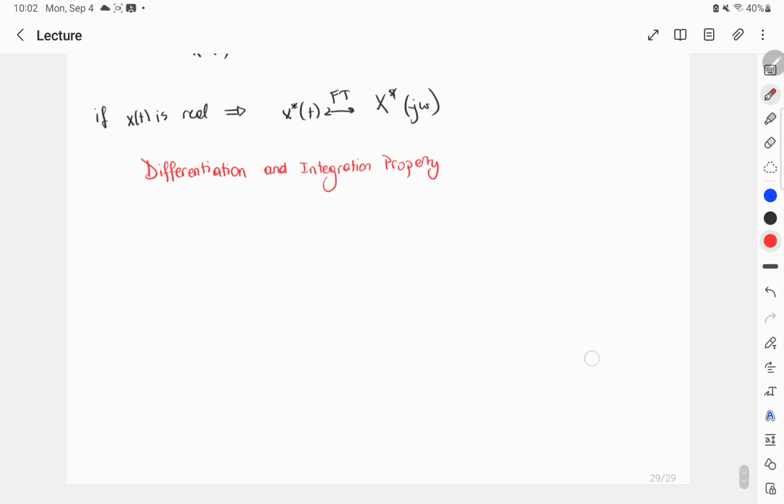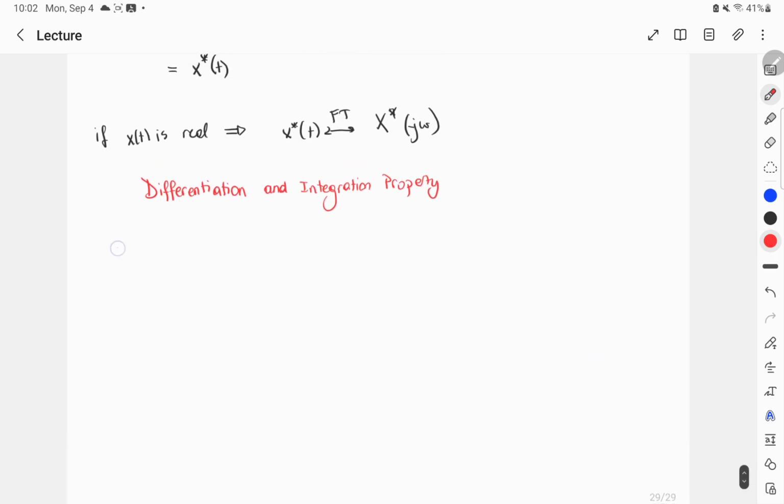What this property tells us is basically that if we take the derivative of the function x, then the Fourier transform is j times w times X(jw). So eventually the differentiation in the time domain will give us multiplication in the frequency domain. And let me prove this for you.